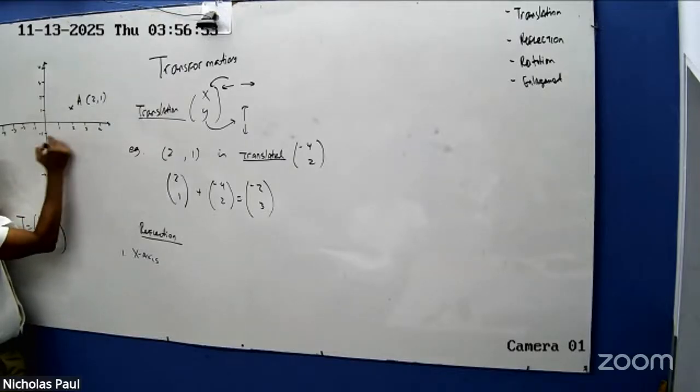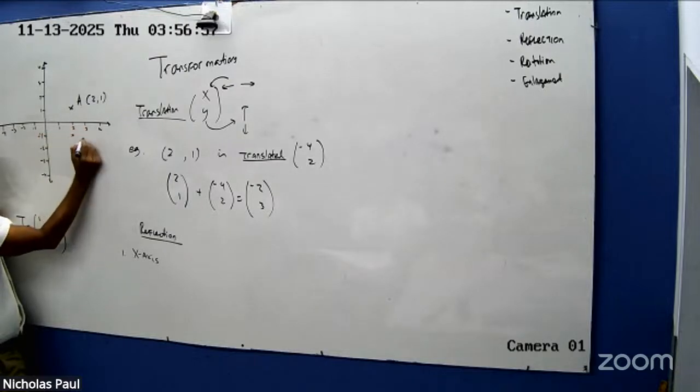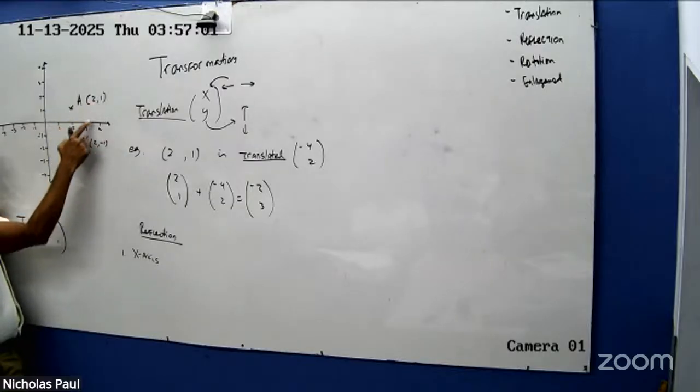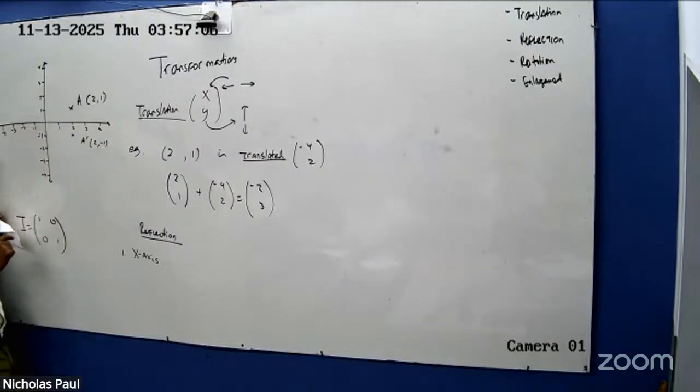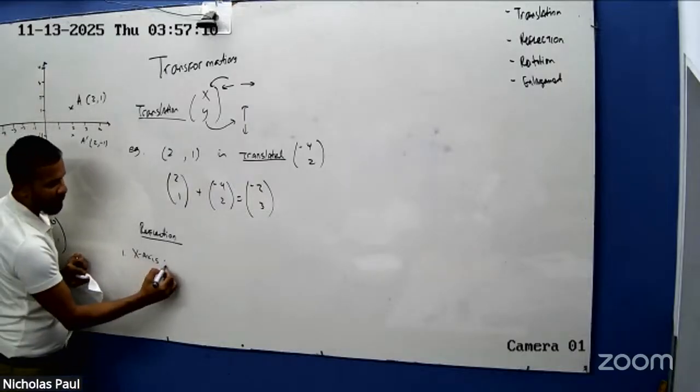Remember, mine is not drawn to scale. Let me bring it down. 2, -1. So basically, the x value stays the same, but your y value changes in sign. Everybody okay with that? So what is a matrix that will do that to me?